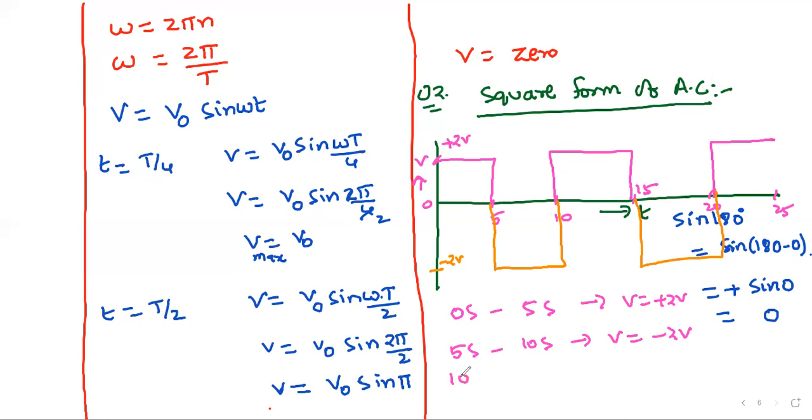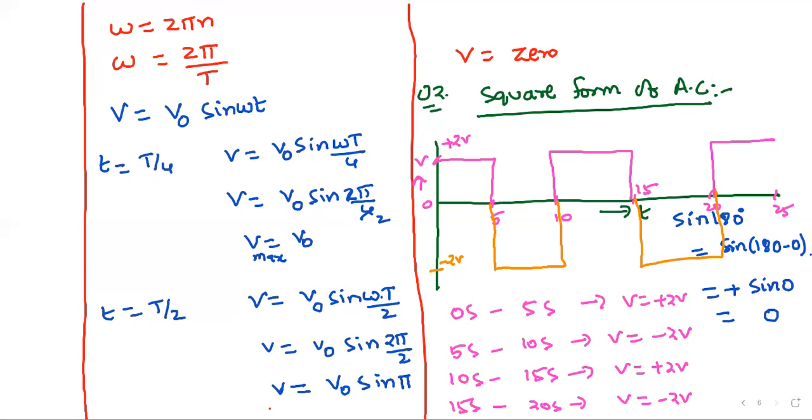So this plus 2 volt and minus 2 volt is periodically changing. This type of waveform is called a square waveform.